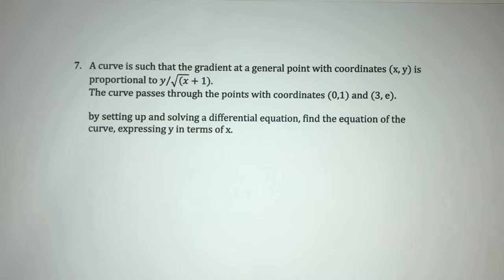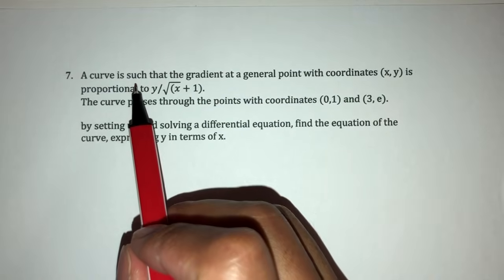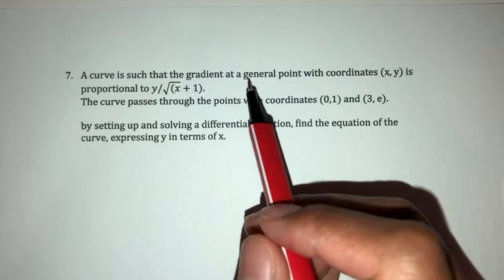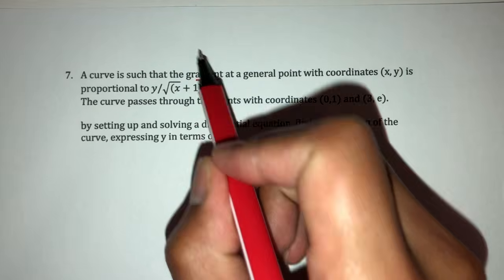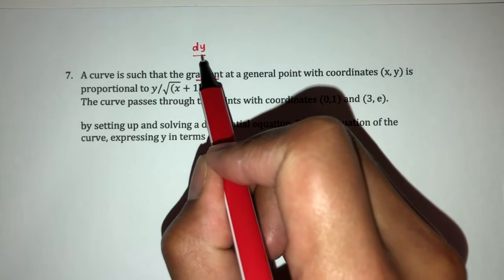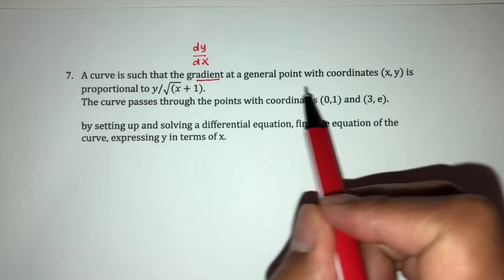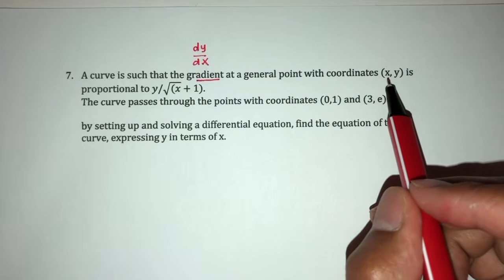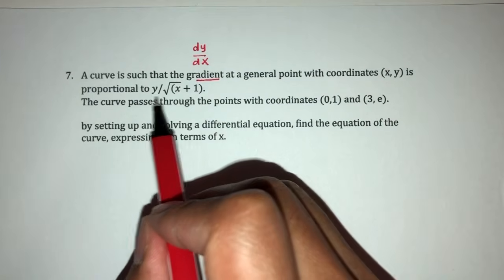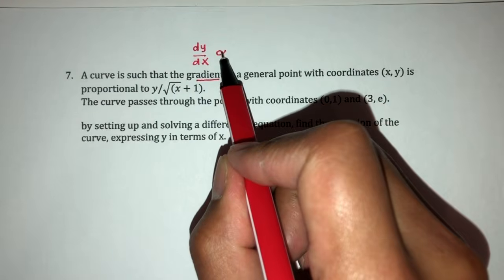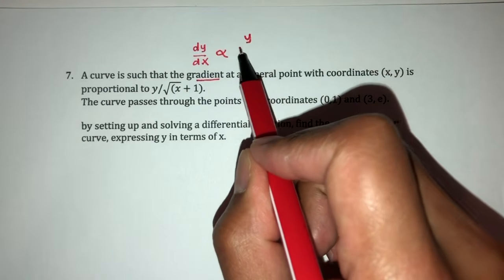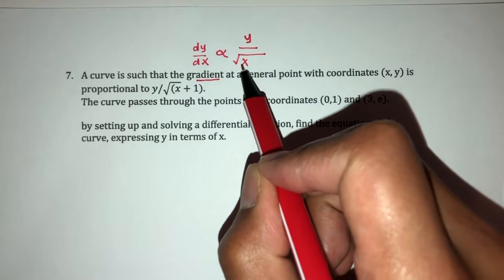Let's move on to question number 7. A curve is such that the gradient at a point, so now what is the gradient? We have to know it is simply dy by dx at the point with the coordinates x and y, and it is proportional to this value, y over root of x plus 1.